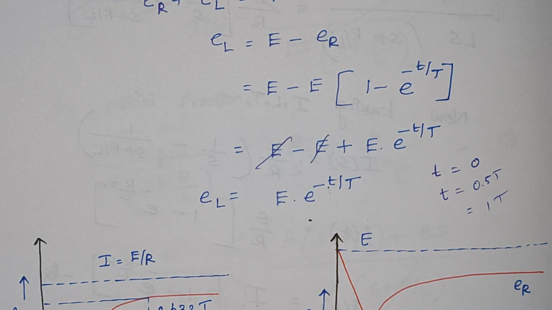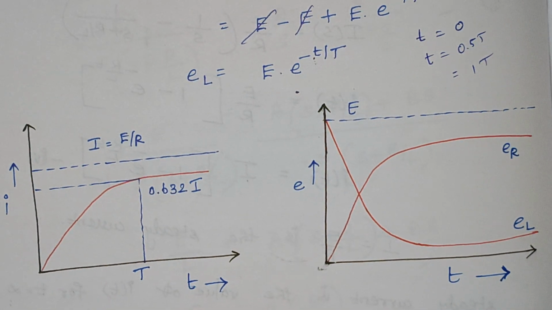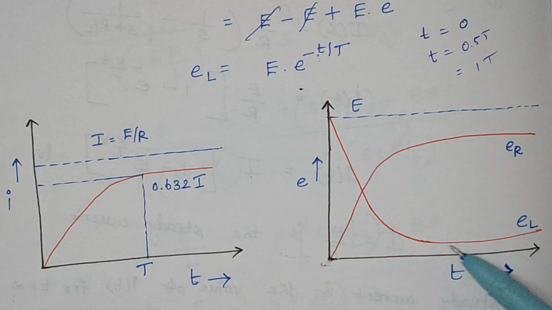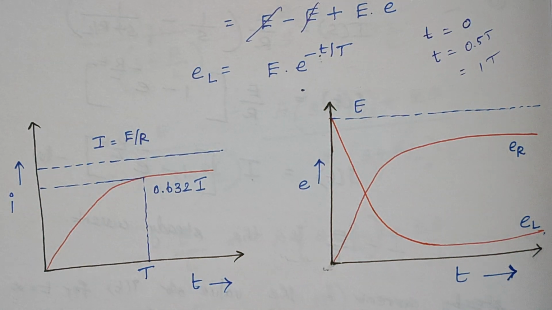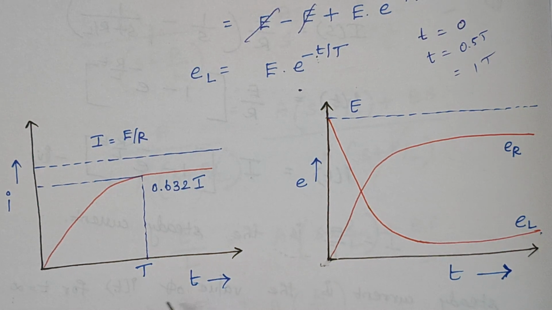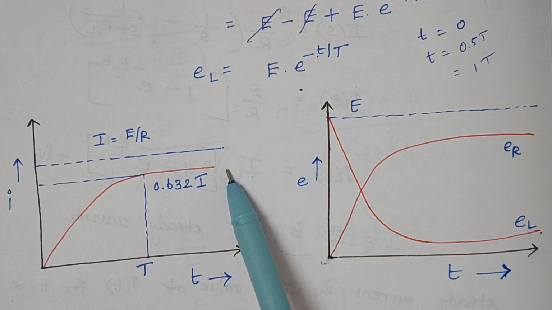Similarly for ER also. Once it is done, you have a graph like this. This is your ER and this is your EL. And for different values of t, the value of current gradually increases and it reaches its final value.